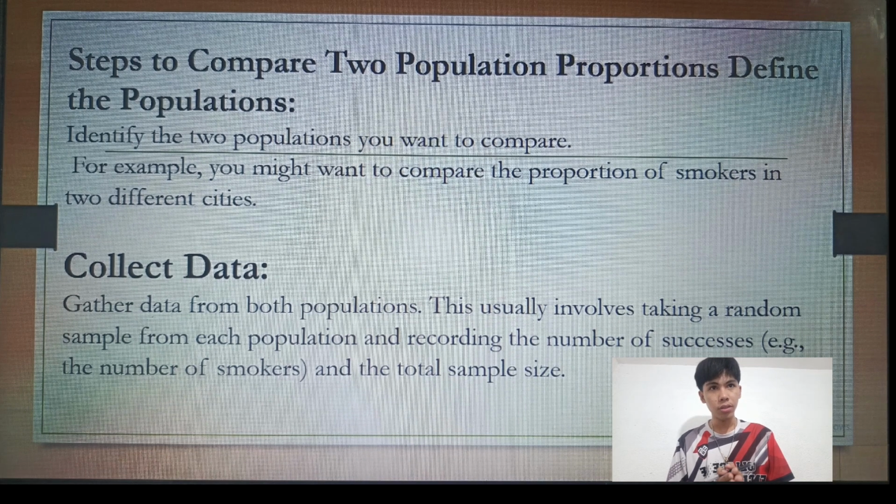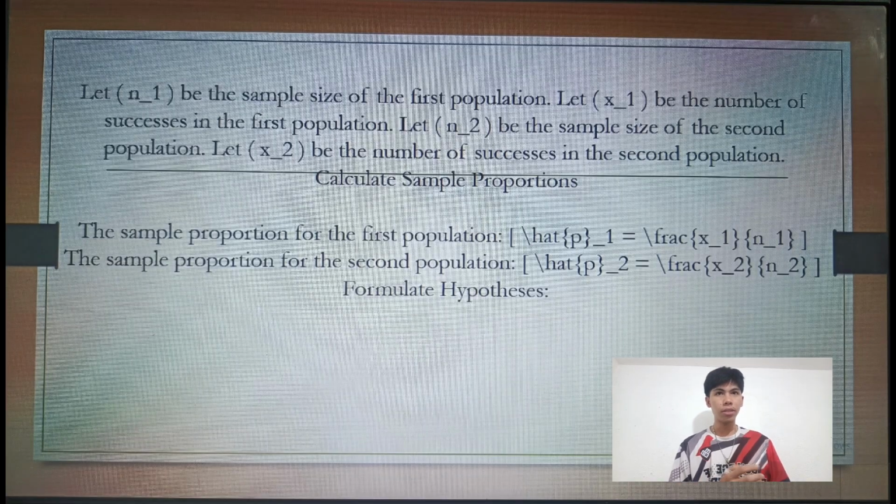For example, you might want to compare the proportion of smokers in two different cities. Collect data from both populations. This usually involves taking random samples from each population and recording the number of successes, the number of smokers, and the total sample size.